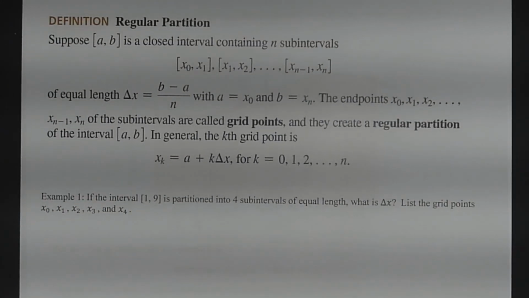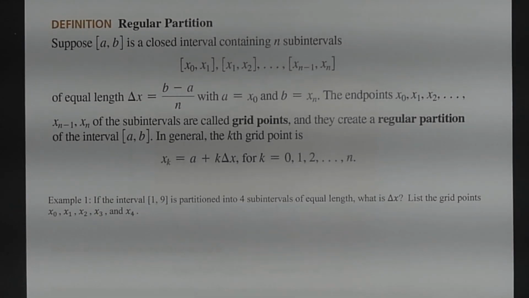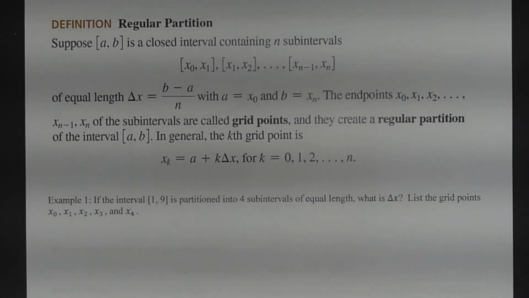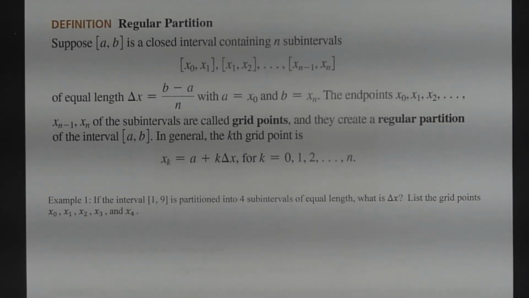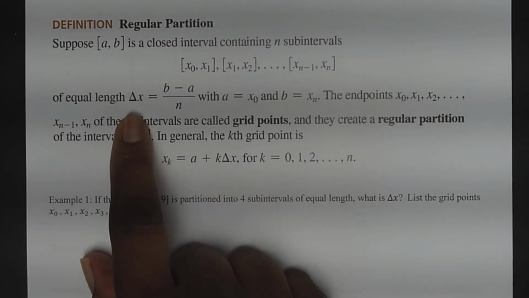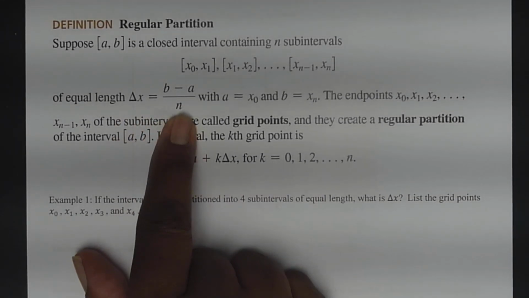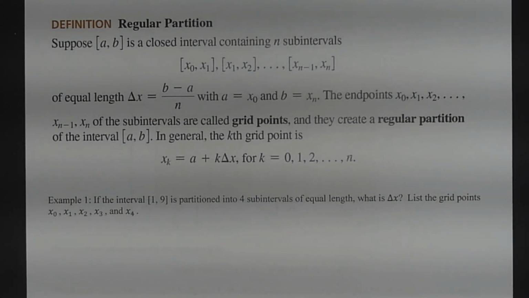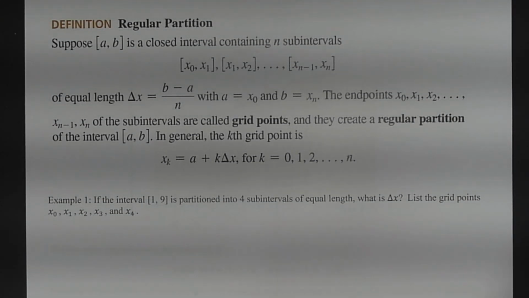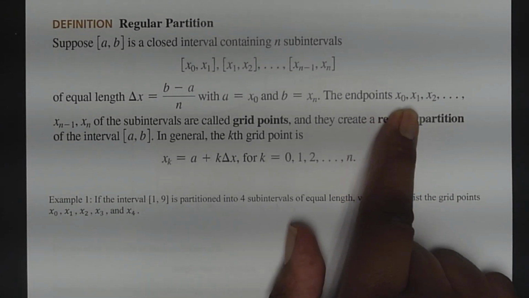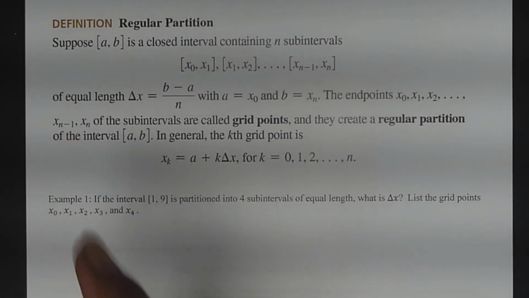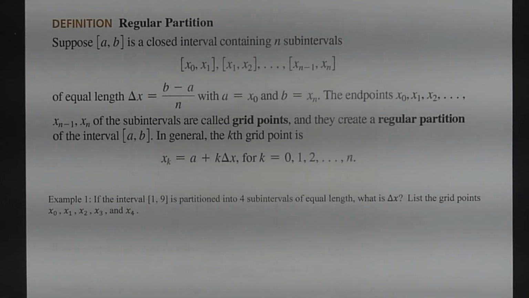Now here we have the definition of a regular partition. Suppose we have a closed interval a, b containing n subintervals of equal length. Delta x is equal to b minus a divided by n, and a is your x sub 0, b is x sub n. Your endpoints will be x sub 0, x sub 1, x sub 2, and so on up to x sub n minus 1 and x sub n of the subintervals.